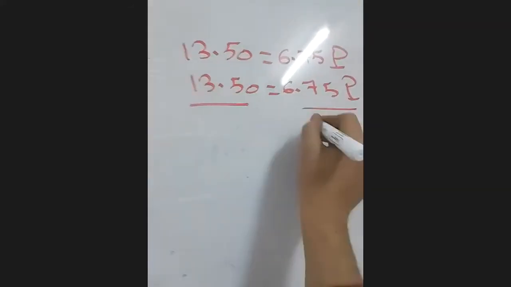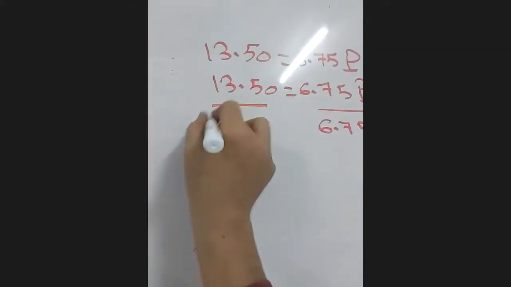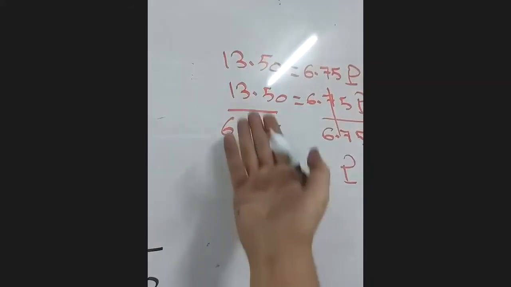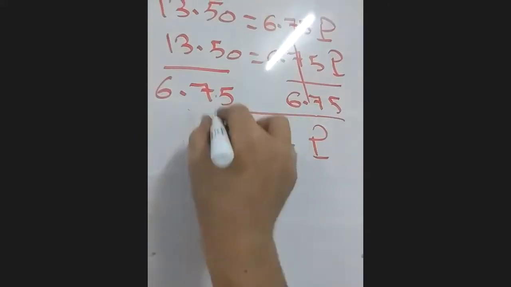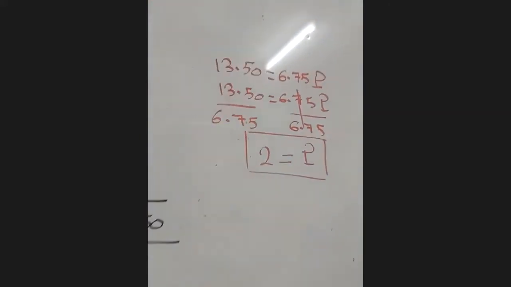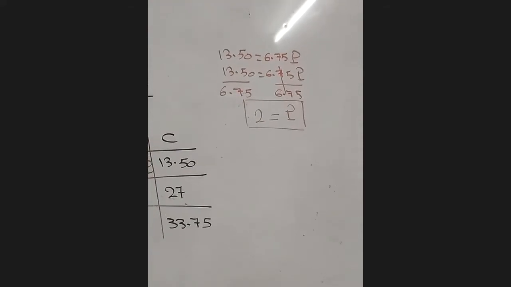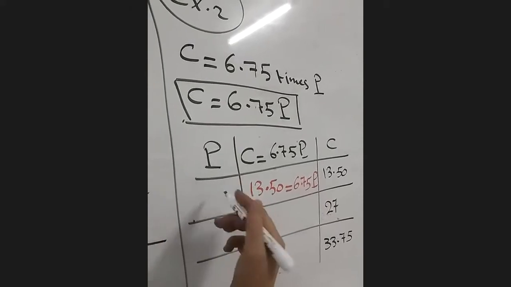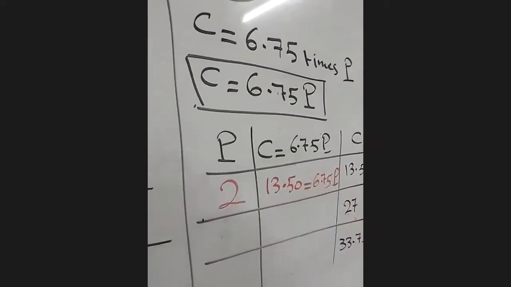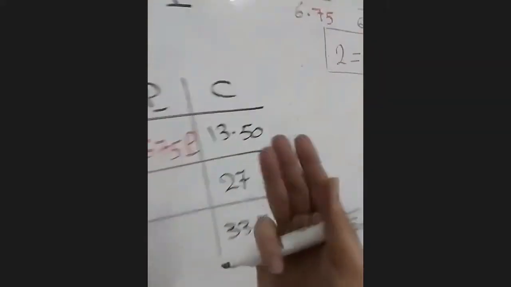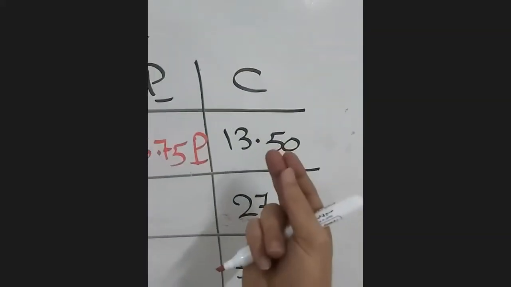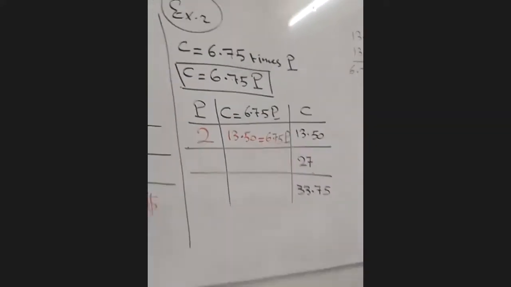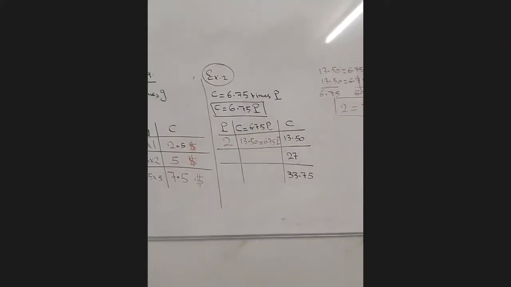Here I'll divide both sides by the coefficient. If you divide these two numbers, P will be 2. So if the cost is 13.50, the number of pizzas should be 2 pizzas. Do you understand it? Yes.